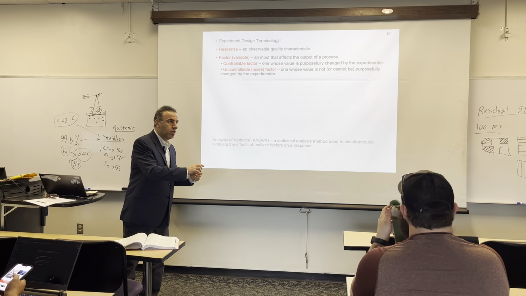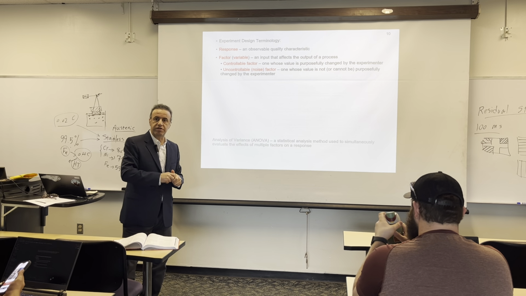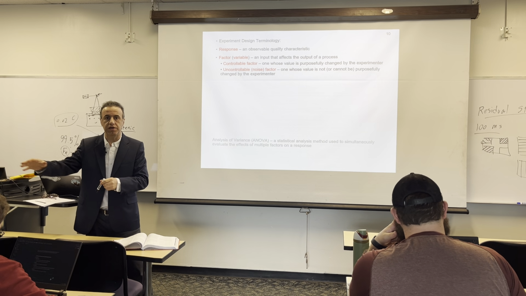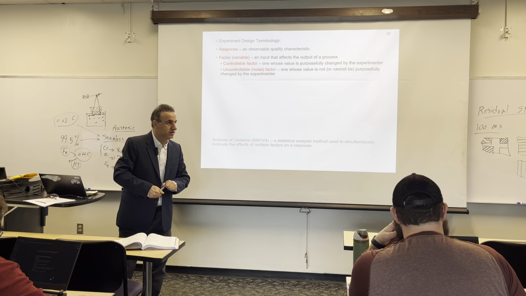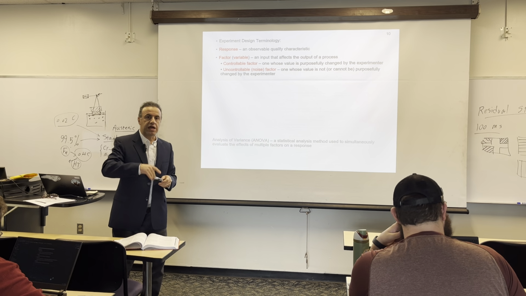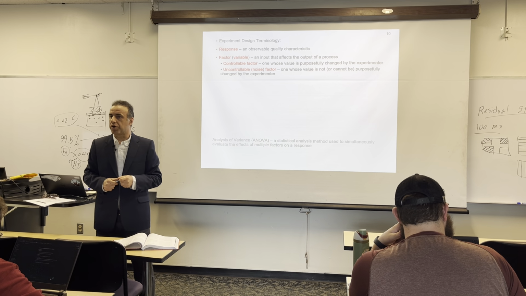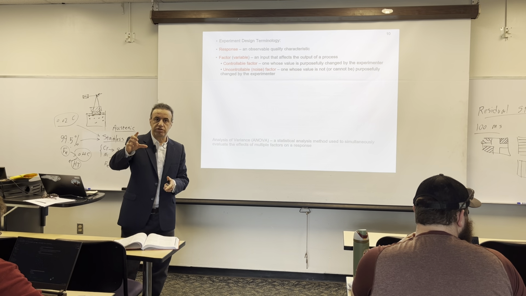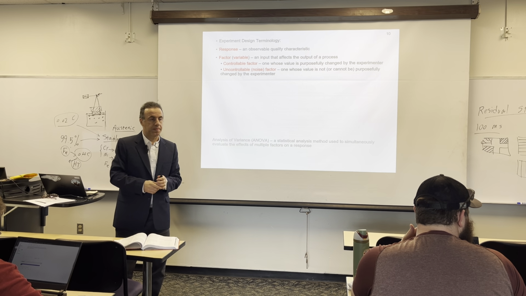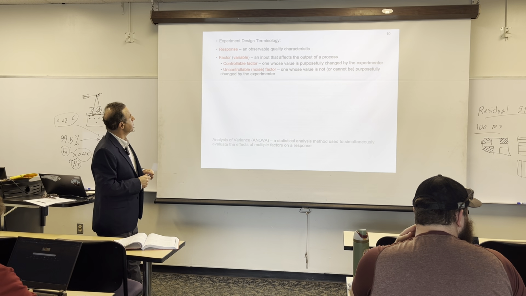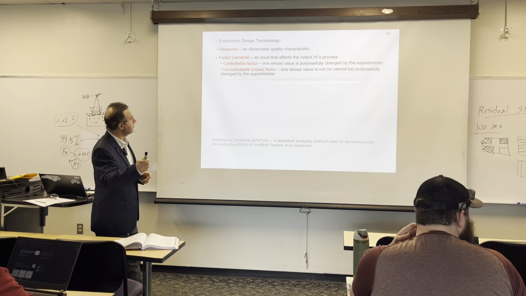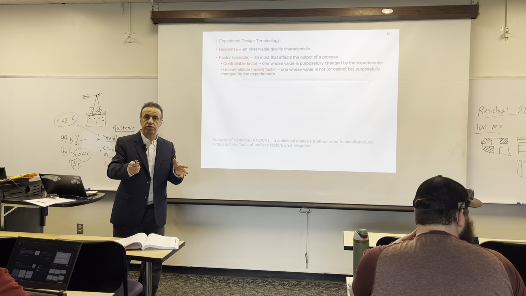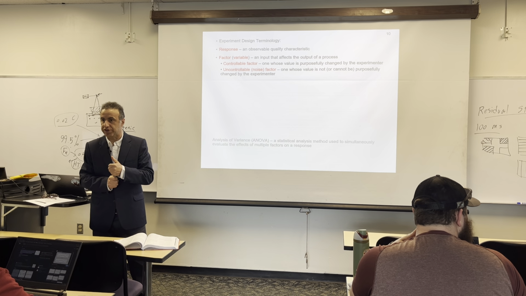We use the low fertilizer in one experiment, and in another experiment we use a high amount of fertilizer. The outcome that we are interested in is the growth, right? Growth is the response. For that flower, the controllable factor is the amount of fertilizer you're using.